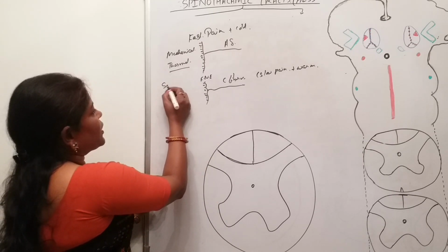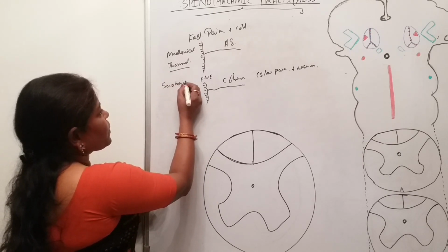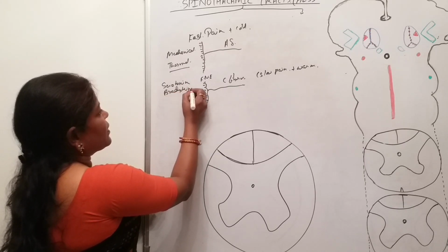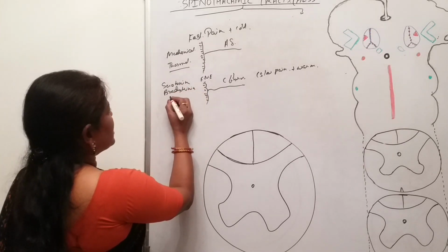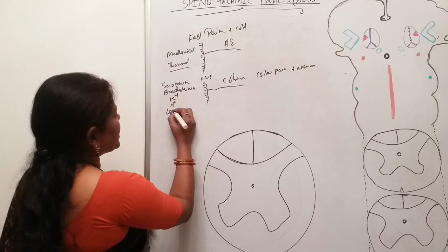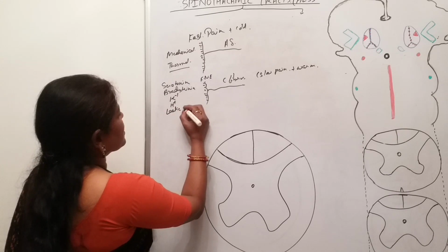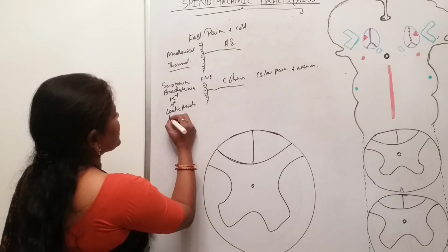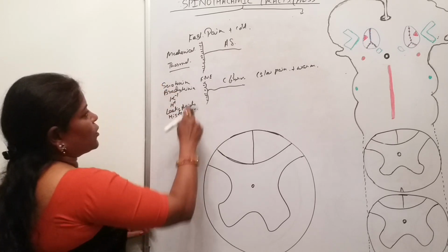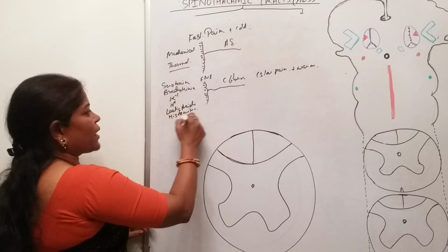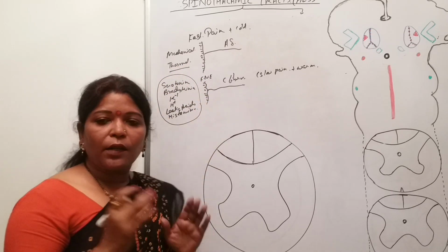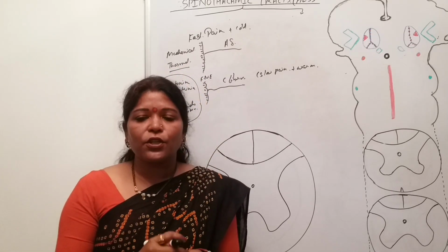These are serotonin, bradykinin, some potassium, some protons, some lactic acid, histamine. What are these substances? These are the chemical substances which are liberated at the site of tissue damage.